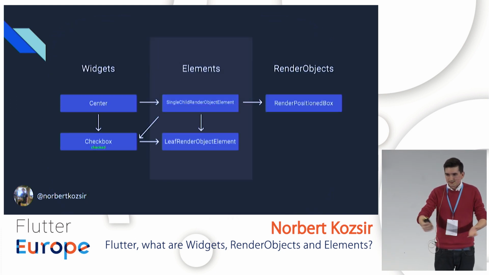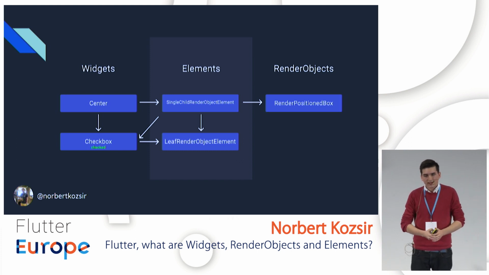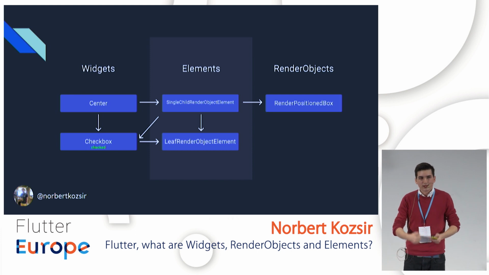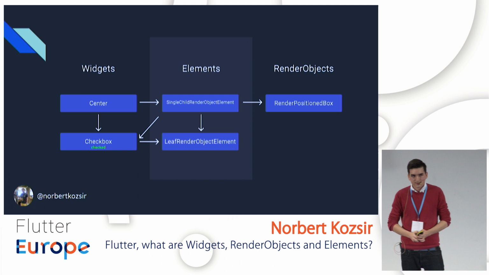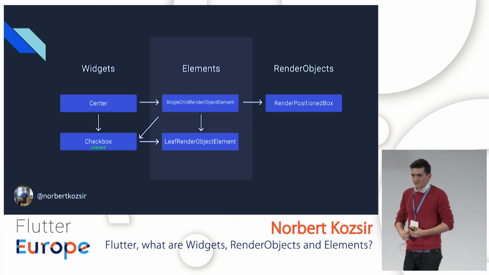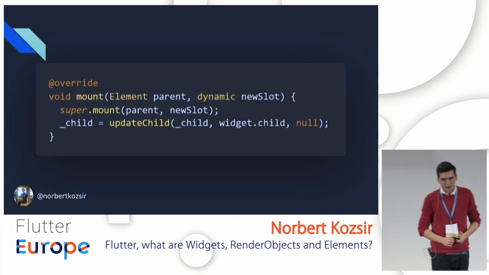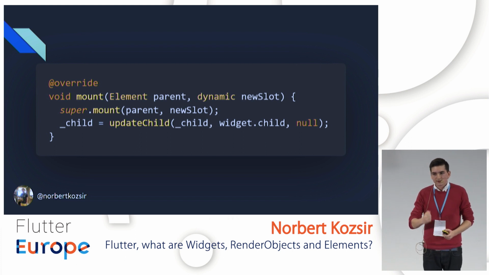Because we know the single child render object has exactly one child, it has a reference to that child, and it can ask the child to inflate itself to an element. In this case, the checkbox inflates a leaf render object element because it has no children, it only paints stuff. It does this also in the mount method, which is overwritten by a subclass, and there it calls the update child.